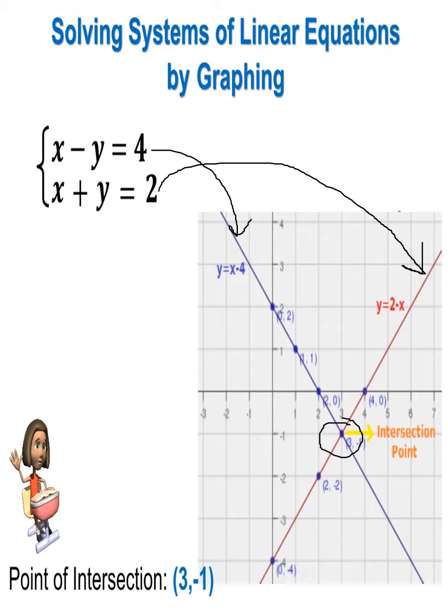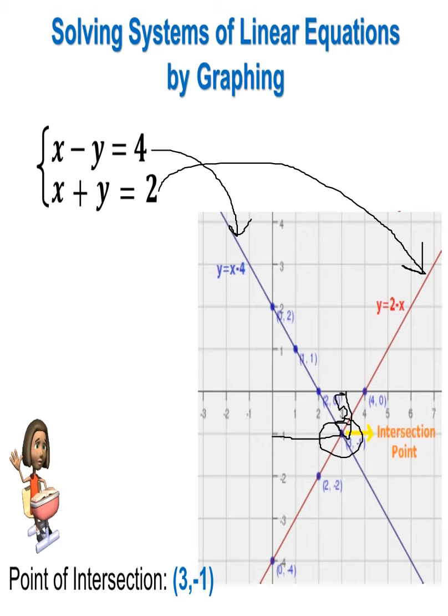The point of intersection is (3, -1). How to find out (3, -1)? When we draw the graph of these two, we just see the point of intersection is here. Just above it, we go and meet here on the x-axis, and here we meet the y-axis.